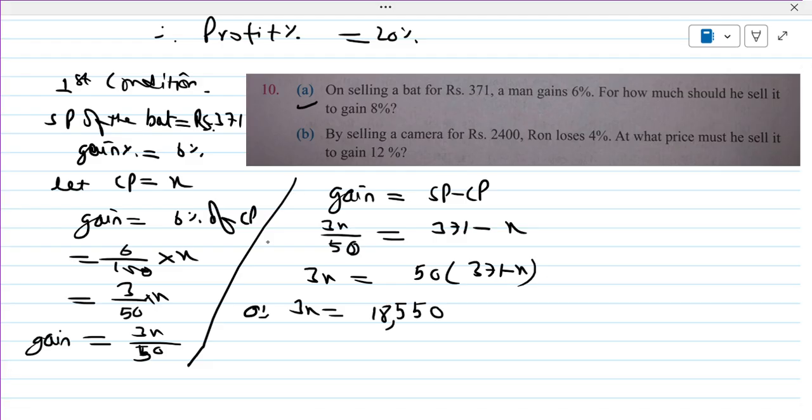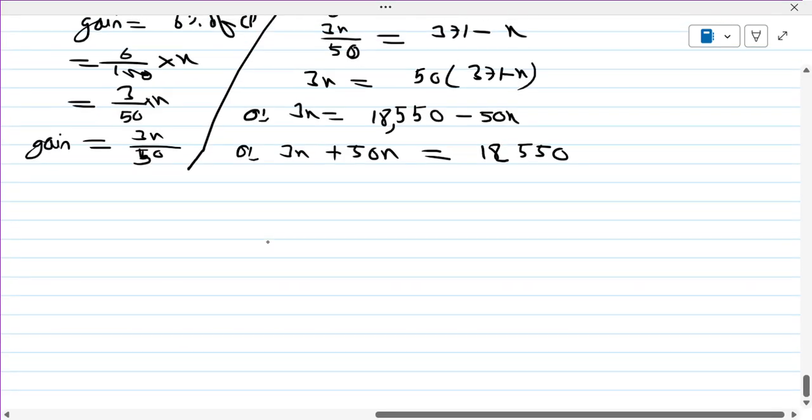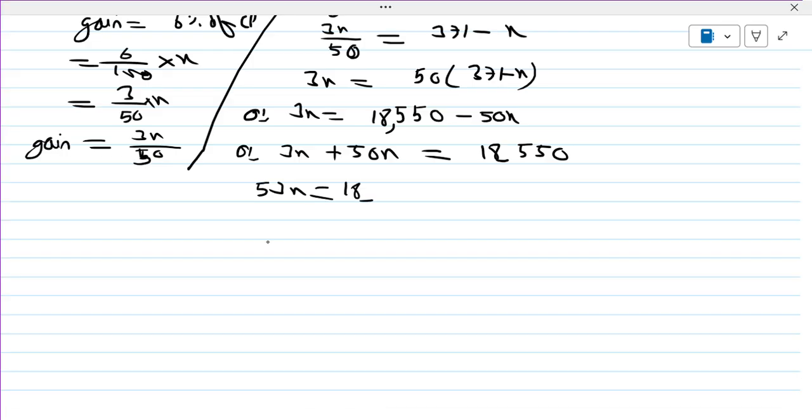So 18,550 minus 50 into X, that is 50X. Let's bring 50X to the left side by adding: 3X plus 50X equals 18,550. Through that we get 53X equal to 18,550, and that will give X equal to 18,550 divided by 53.